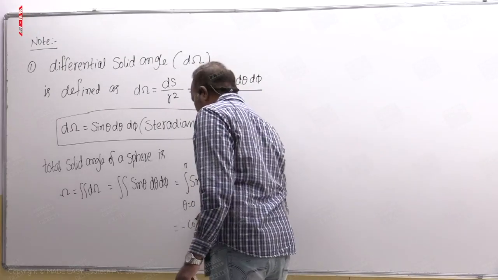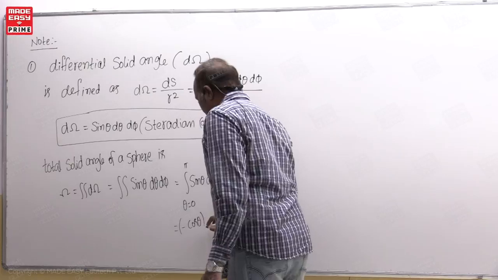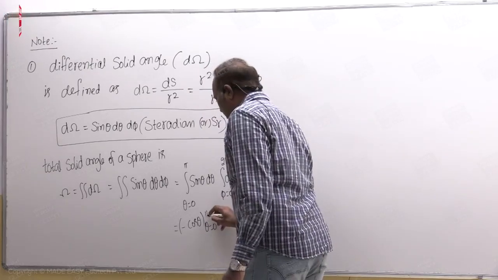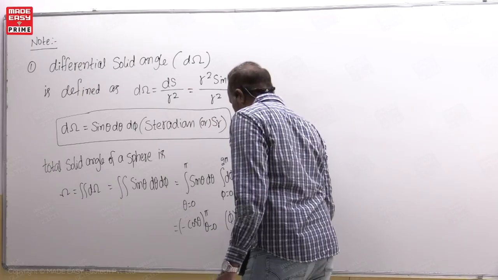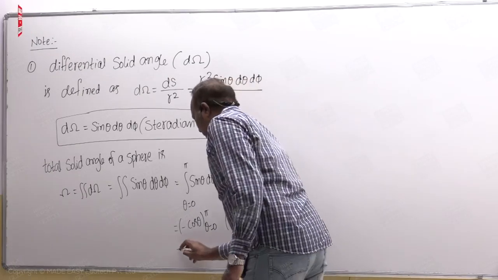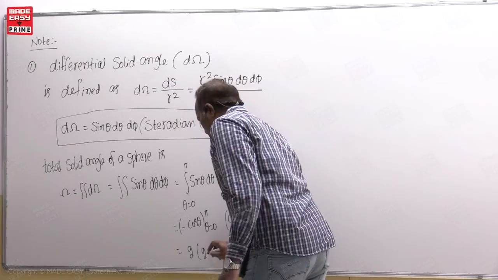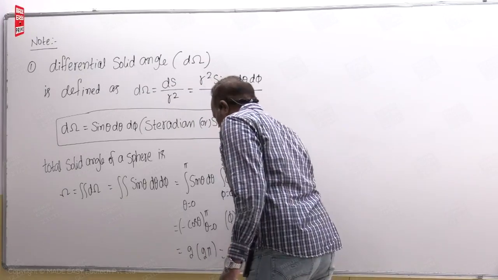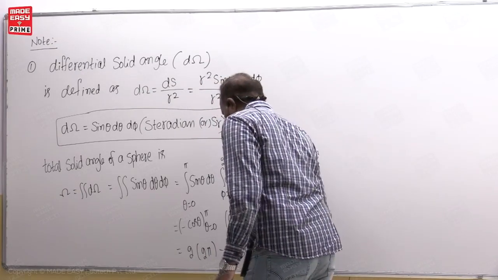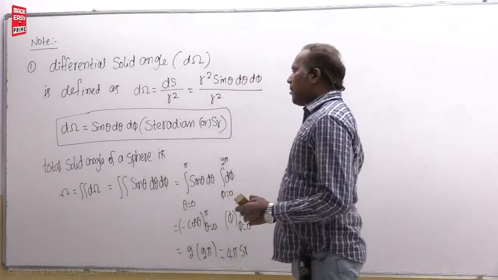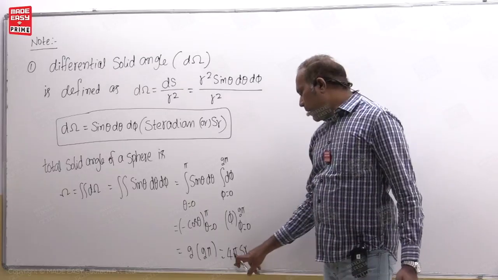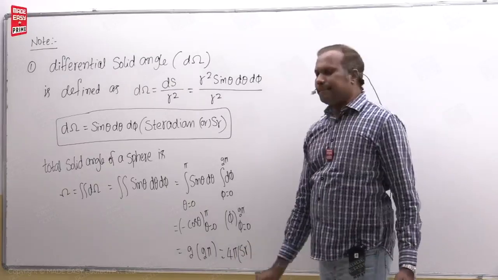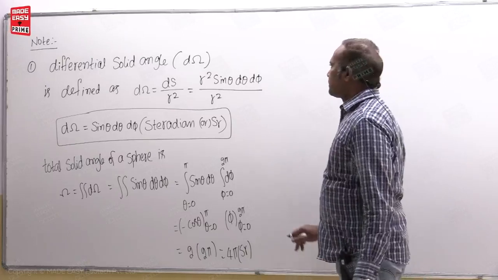So you get minus cos theta with theta from 0 to pi, and phi varying from 0 to 2 pi. So this becomes 2 multiplied with 2 pi, which equals 4 pi steradian. So for the total spherical region, the total solid angle is 4 pi steradian, 2 into 2 pi.